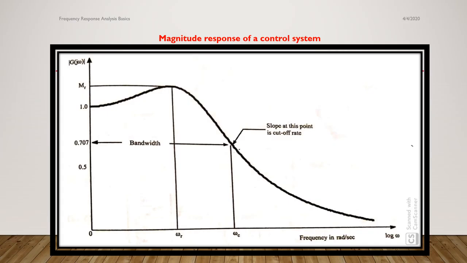Here the figure shows the magnitude response of a control system. The figure shows the magnitude plot of a typical control system, that is, magnitude |G(jω)| versus log ω. Note that the plot exists for positive values of ω only.